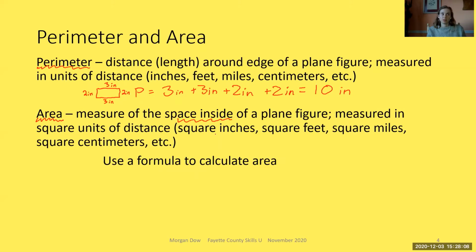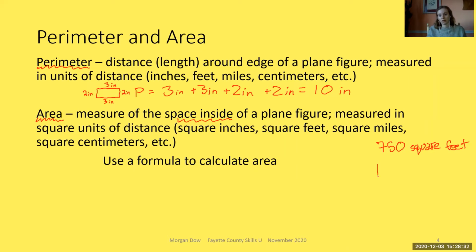Usually one of the pieces of information that you will get about that apartment or house is the square footage. So if you are renting an apartment and they tell you that it's 750 square feet, that is the area of the floor plan of your apartment or house.